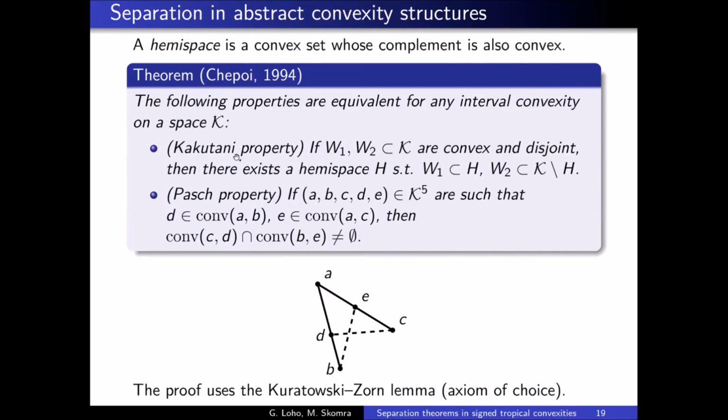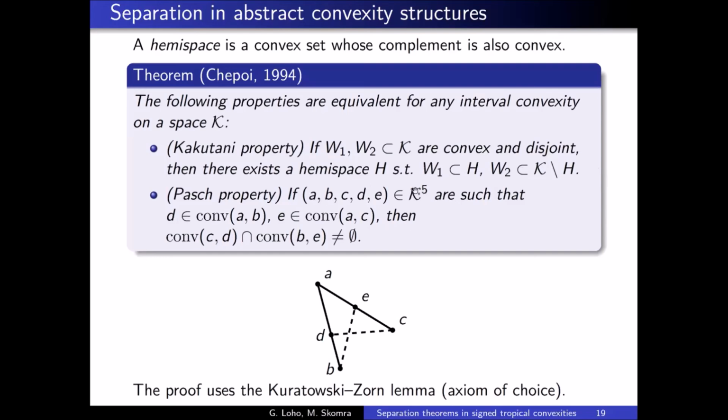The first property is a separation property, saying that if you have two convex and disjoint sets, then there exists a hemispace that separates them, so V1 is on one side of the hemispace and V2 is in the complement of the hemispace. And this separation property is equivalent to a property of only 5 points in your space.